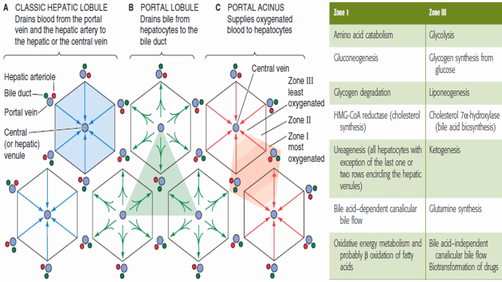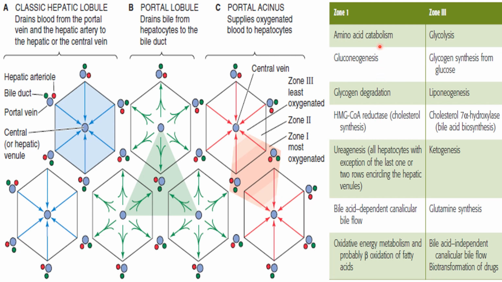Initially the hepatocyte receives more oxygen, then as the flow moves towards the central vein, the oxygen level slowly decreases. So the mechanisms which require more oxygen happen in zone 1, those moderately needing it happen in zone 2, and in zone 3 the mechanisms which need very little oxygenation happen.